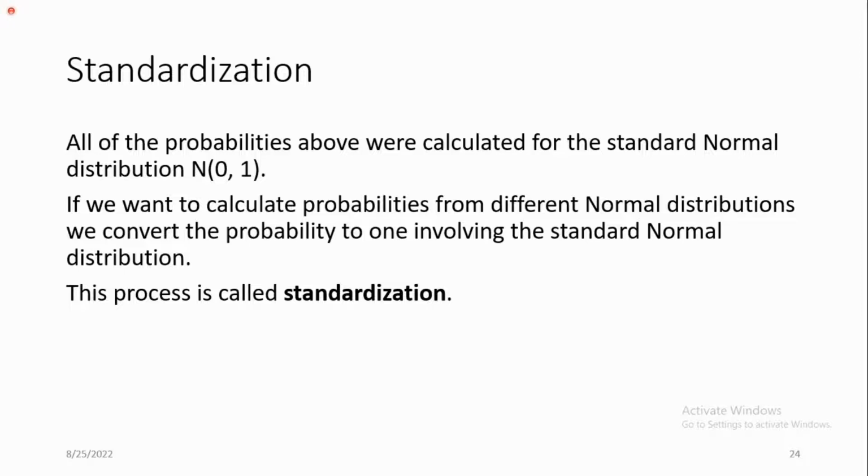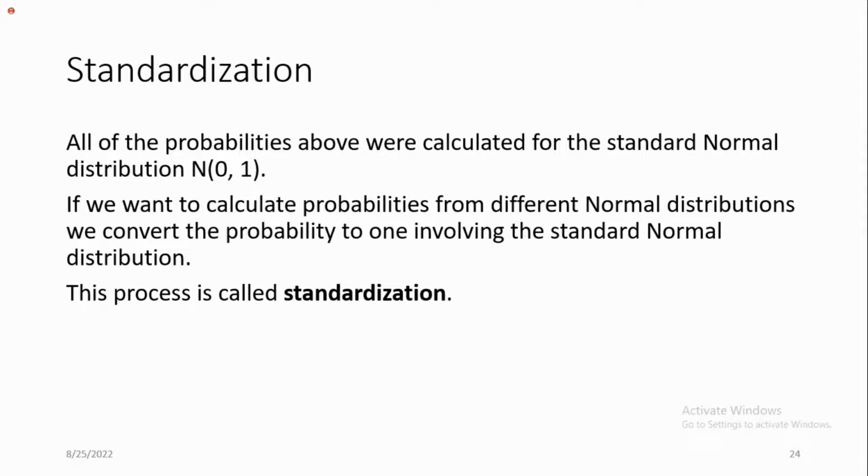You cannot standardize any random variable in this way. You can convert only a normal random variable to a standard normal random variable, because the standard normal distribution is a special type of normal distribution. That's why we can convert any normal random variable into a standard normal random variable.